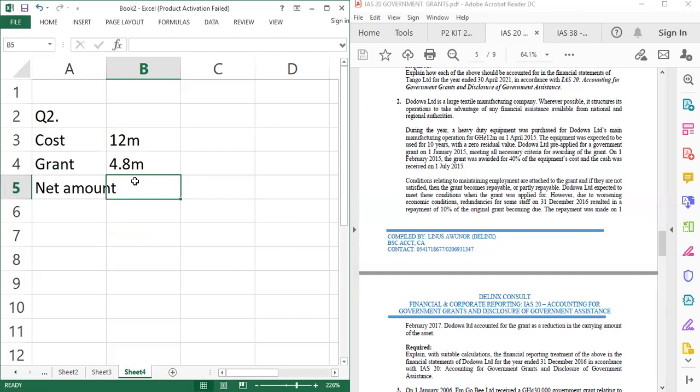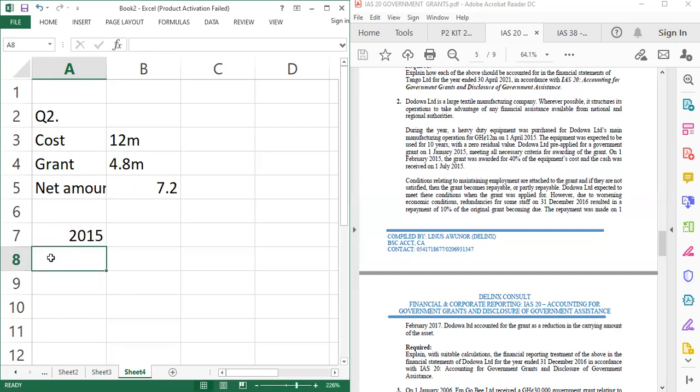So what is the difference? 7.2 million. So when the grant becomes repayable, it is 31st December 2016, isn't it? All right, so we will be done with 2015. Let's come to how they are going to account for the grants in 2015.